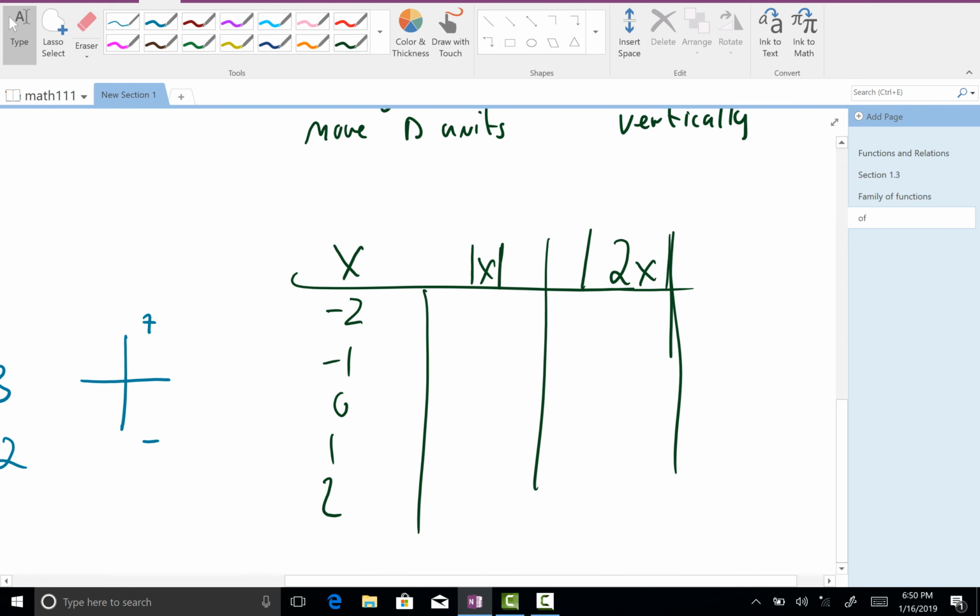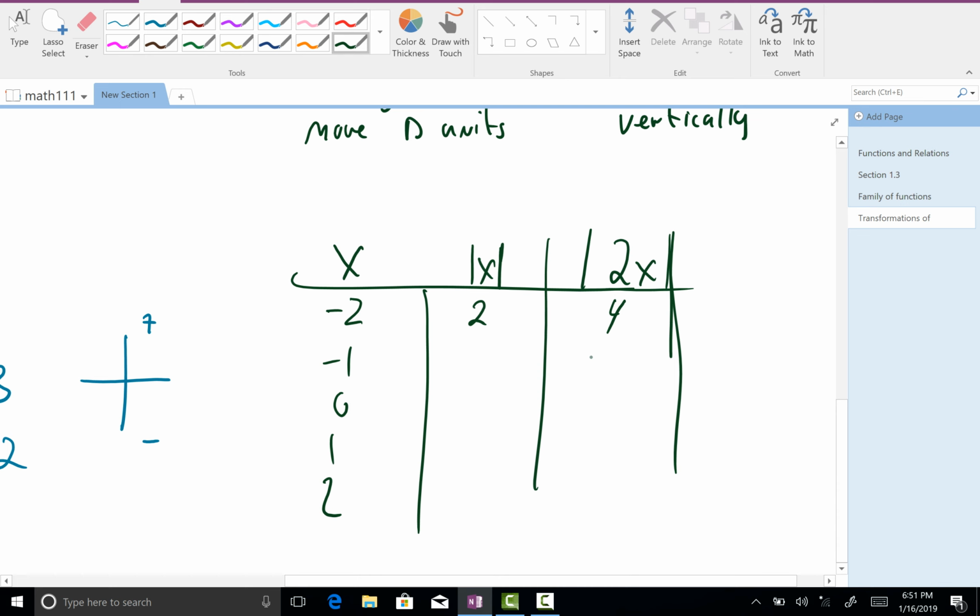Okay. So let's look at it from a table point of view. If you take the absolute value of negative 2, what's that going to be? Now if we put negative 2 in here for x, and we multiply that by 2, then that becomes what number? Negative 4, which becomes 4.